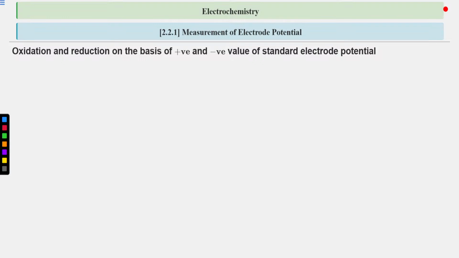Now, the oxidation and the reduction on the basis of the positive and negative value of standard electrode potential. As you just observed, at one time we have a positive value of E naught, and at another time a negative value of standard electrode potential, when we only changed the half cell at the right hand side.